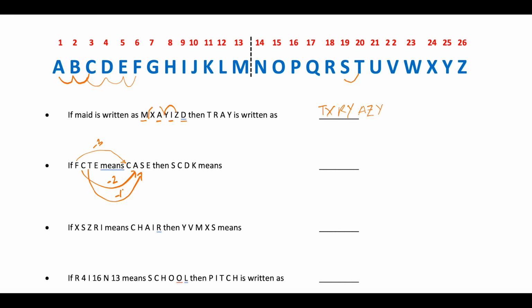So you can see the pattern, -3, -2, -1, and that stays the same. So that's 0. So S -3, 1, 2, 3 is P. C -2 is A. D -1 is C, and the K stays, so we get PACK.